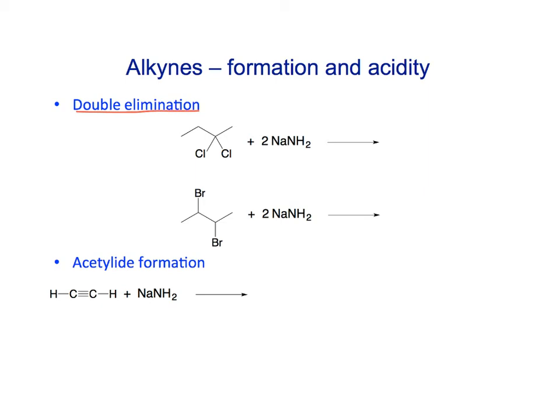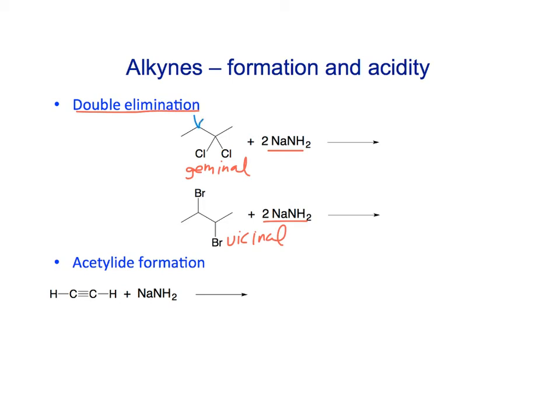If we start with either this geminal dihalide or this 1,2, where it's a 3,4 position, but this is called a vicinal dihalide. Vicinal means on adjacent carbons. If we start with either of those and we treat them with 2 equivalents of sodium amide, we get a double elimination reaction.